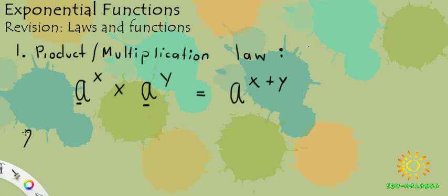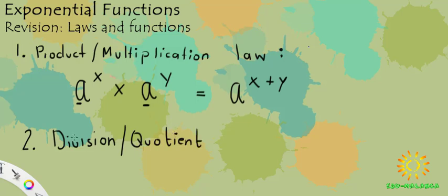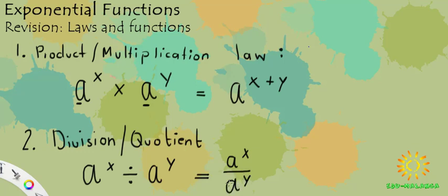The second law that we learned for exponents in grade 11 is the division or quotient law. For this law, what happens is if you have a to the power of x divided by a to the power of y, you can write this out in fraction form.